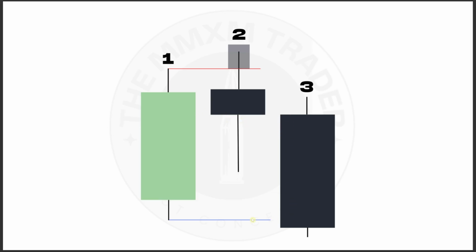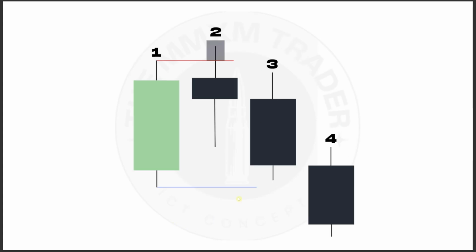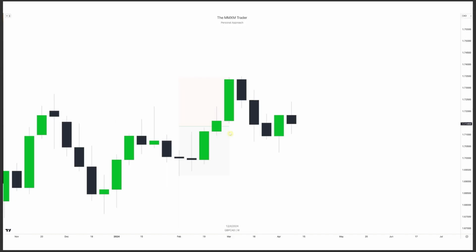This third candle takes out the sell side liquidity already, but if it does not, we can still focus on the fourth day, which should also be an expansion lower. The third day will be most of the time a classic sell day after that second candle closes inside of the range. So let's head over to some examples.